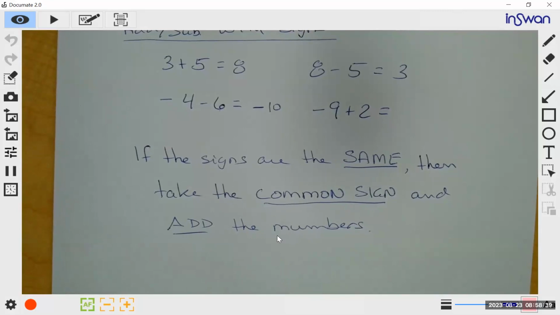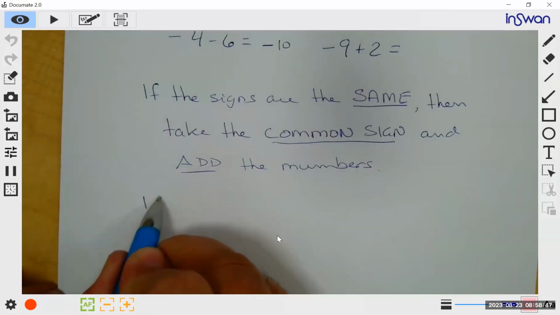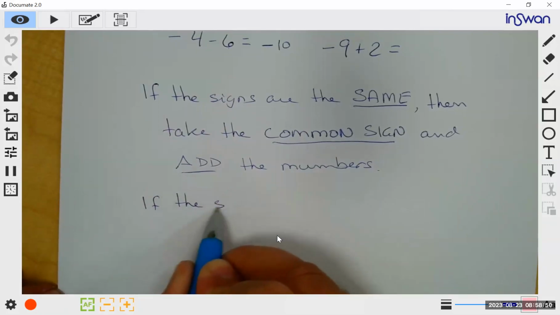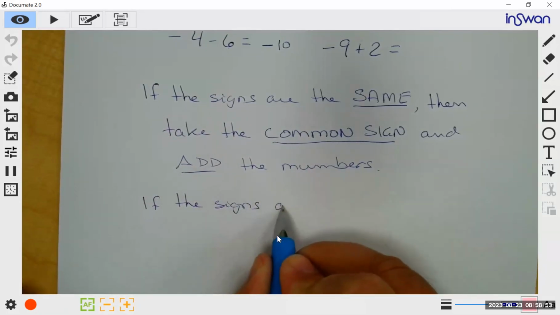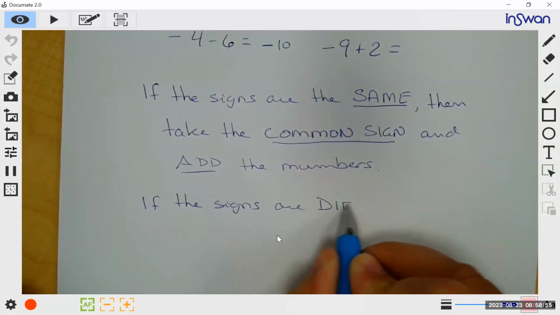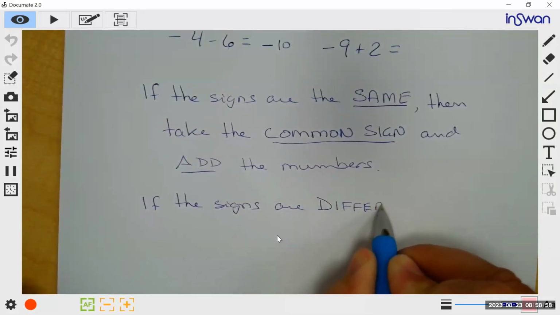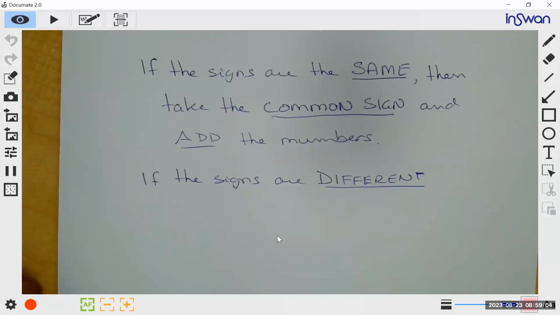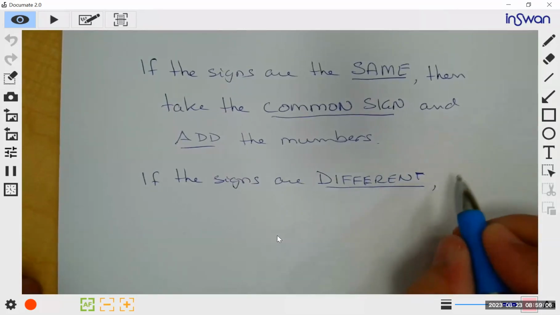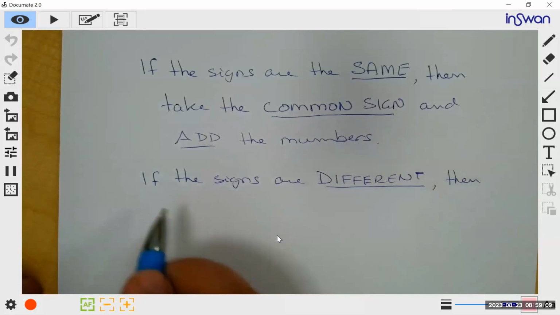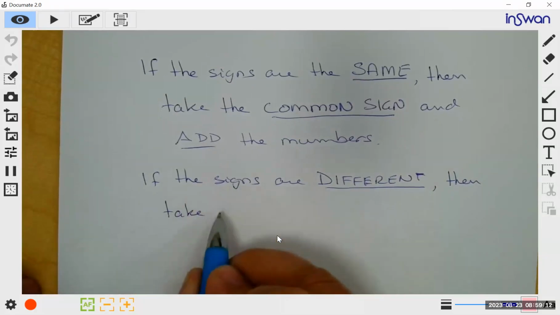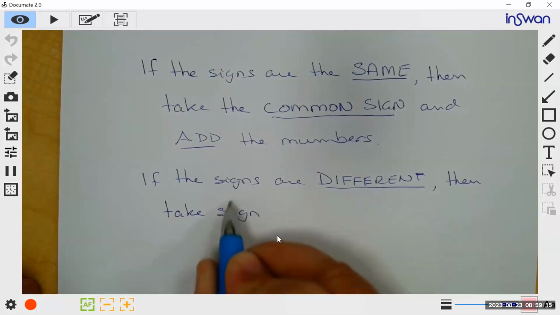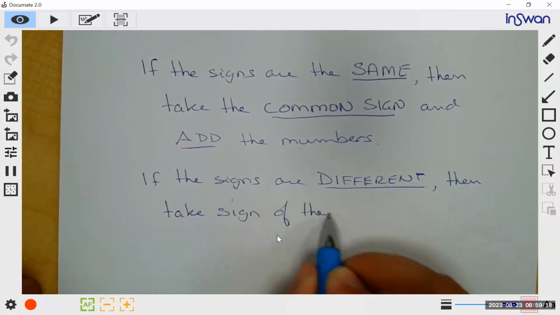Remember, I'm trying to get y'all to look at the mathematics. The signs and numbers are different. If the signs are different, then take the sign of the larger number.